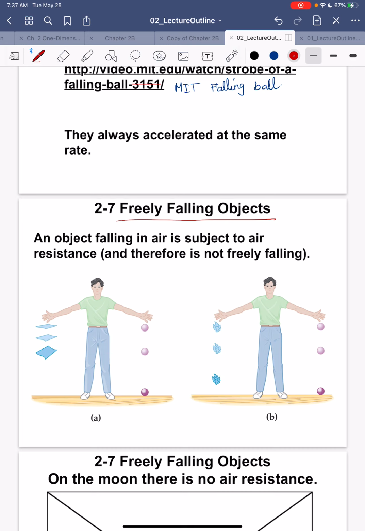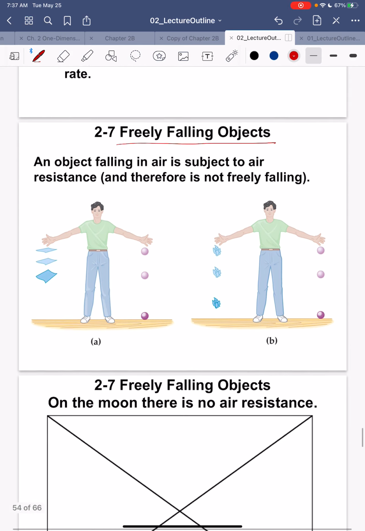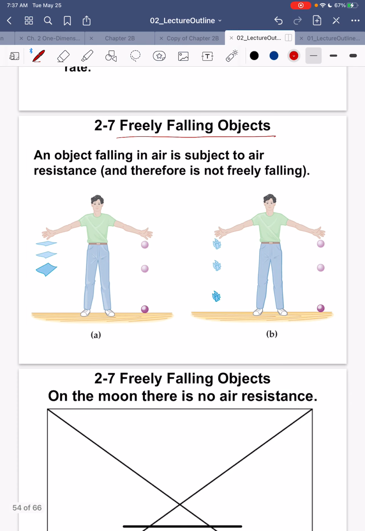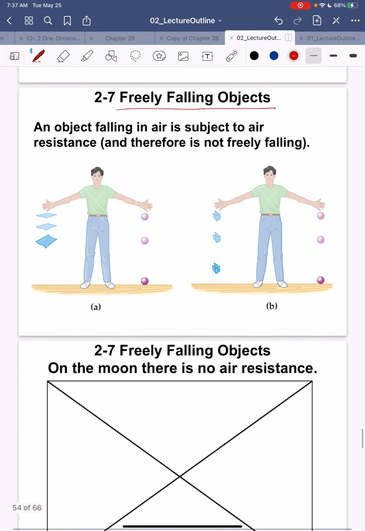It's only gravity, so there is no air resistance. But of course, if I have air resistance, like you see here, let's say I have a ball and a sheet of paper, this will not work.